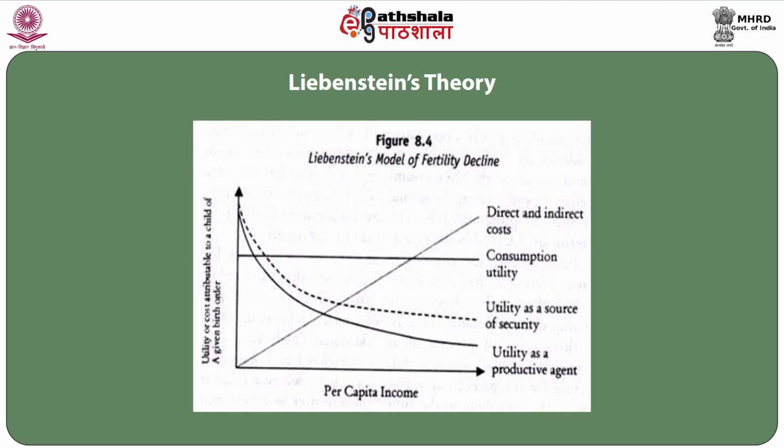So, as income increases, parents no longer look towards the child as a source of security or a productive agent, that diminishes, whereas consumption continues at the same level. So this is the theory which he propounded. This can be very well depicted in the graph presented here.